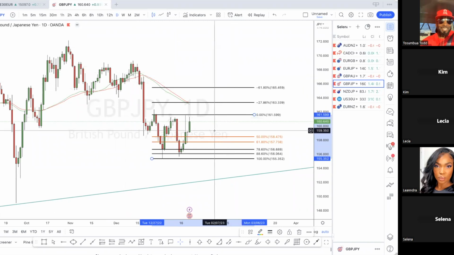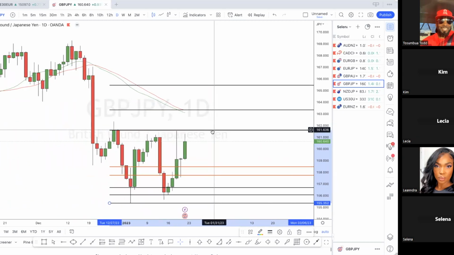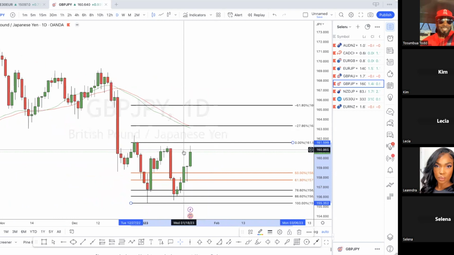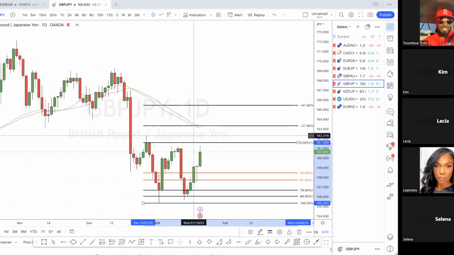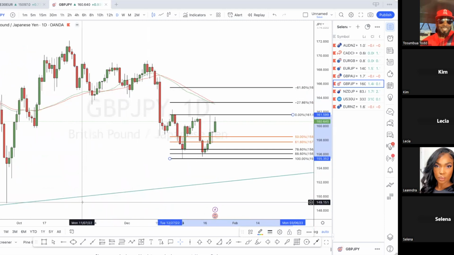I think price may pull back into this. I think this wick cleared out this here, and price is probably going to come up here or even retest these areas right here.